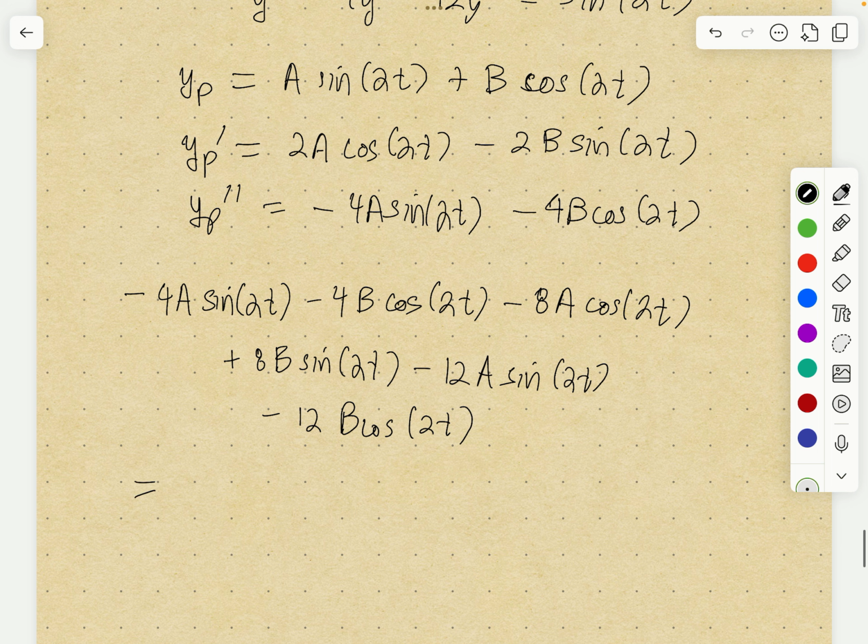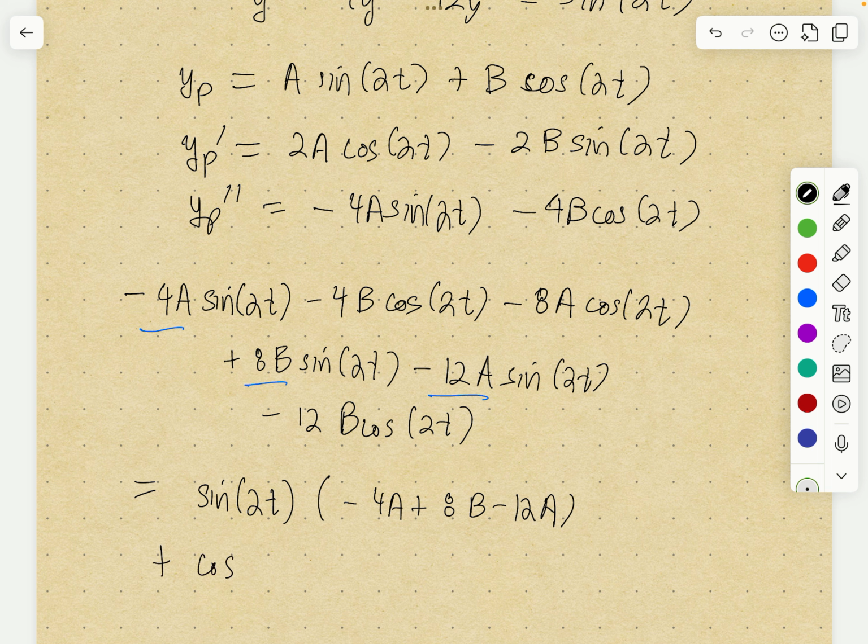And this is going to simplify. Let's gather the sine of 2t terms together. You're going to get negative 4a plus 8b minus 12a, right? So negative 4a plus 8b minus 12a.